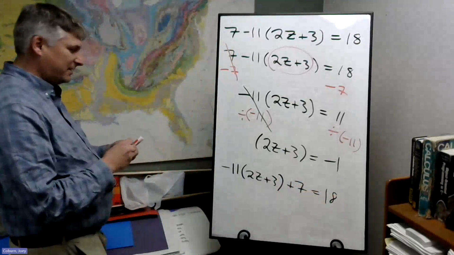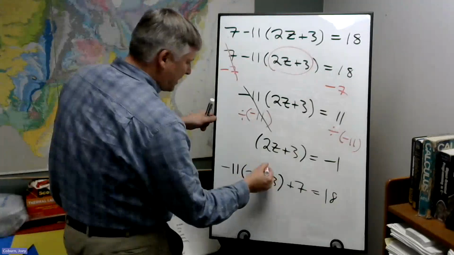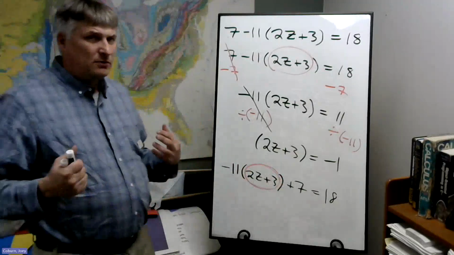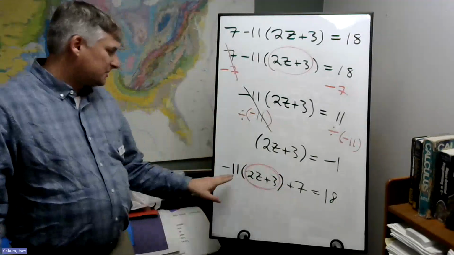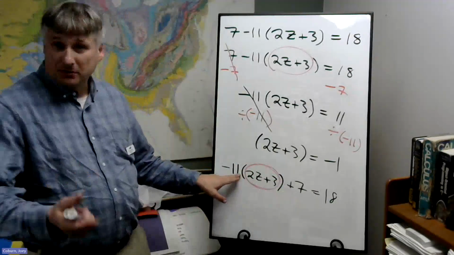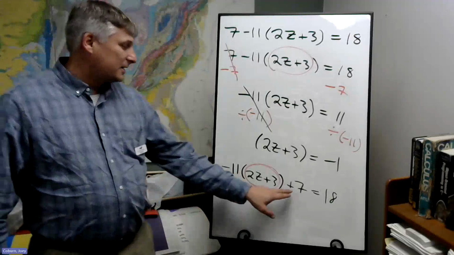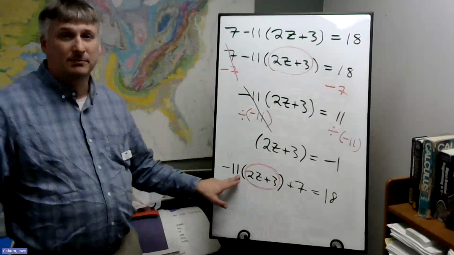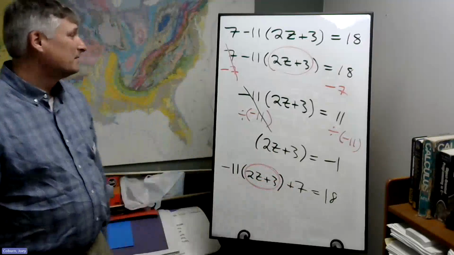We're treating this as, for now, one giant variable. And so when we do our cancellation, this is a multiplication by negative 11 and a plus 7. We get rid of the plus or minus first, then we'll deal with the multiplication by negative 11.